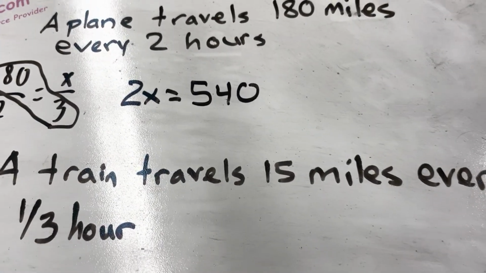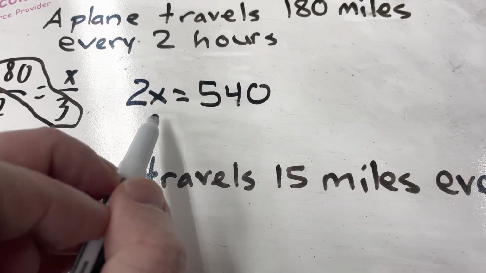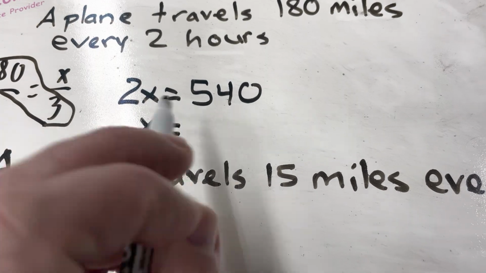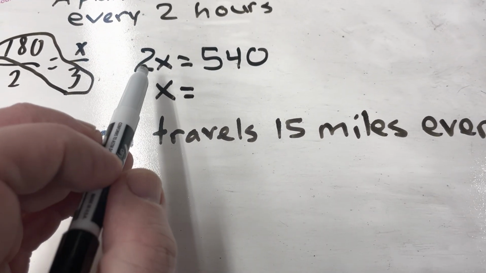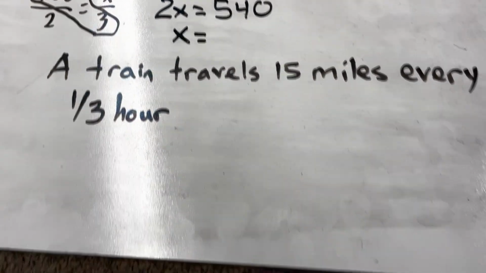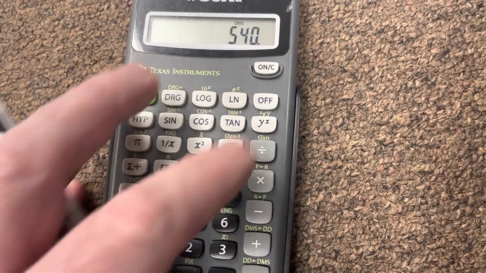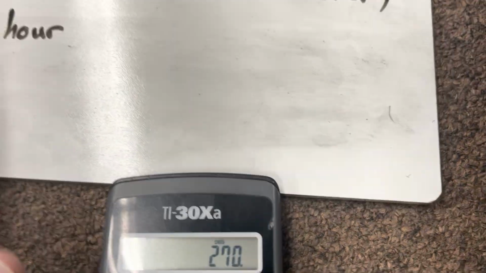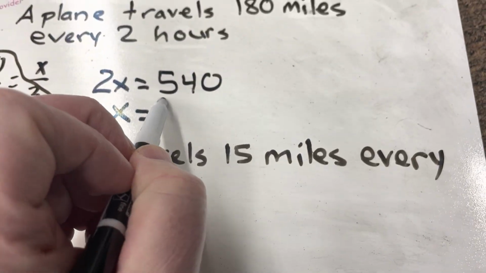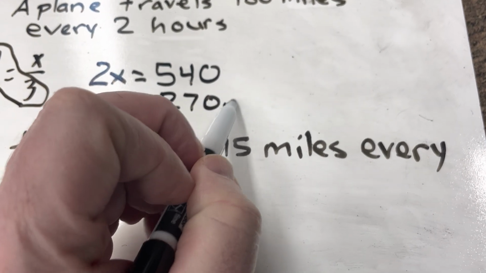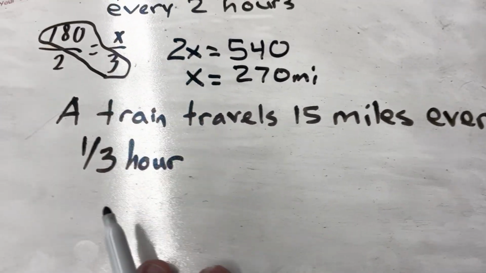Now I know that to isolate x, I'm just solving an equation. I'm going to divide both sides by 2. That's a multiplication equation, so I divide. I come down here, 540 divided by 2 equals 270. X equals 270 miles. It's not bad.